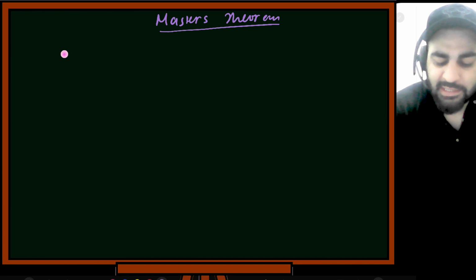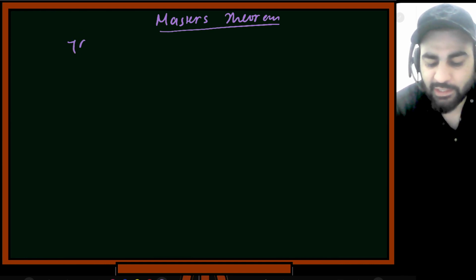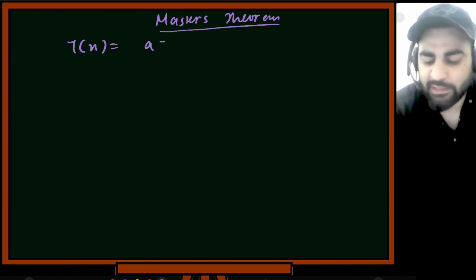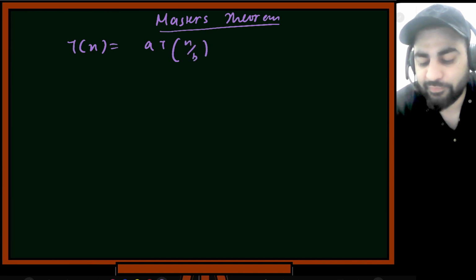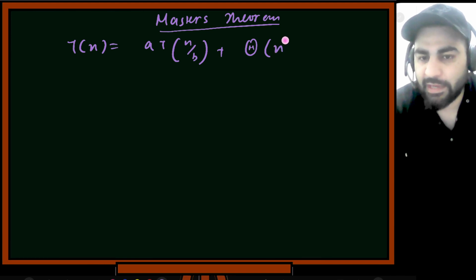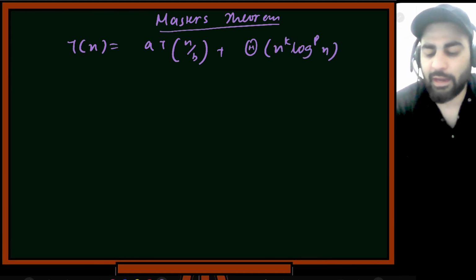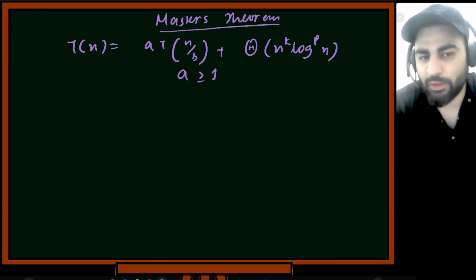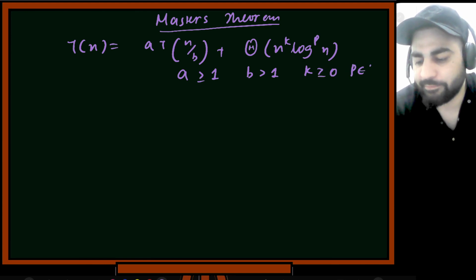If your recurrence relation is of the form T(n) = a T(n/b) + theta(n^k log^p n), where a is greater than or equal to 1, b is greater than 1, k is greater than or equal to 0, and p is a real number.